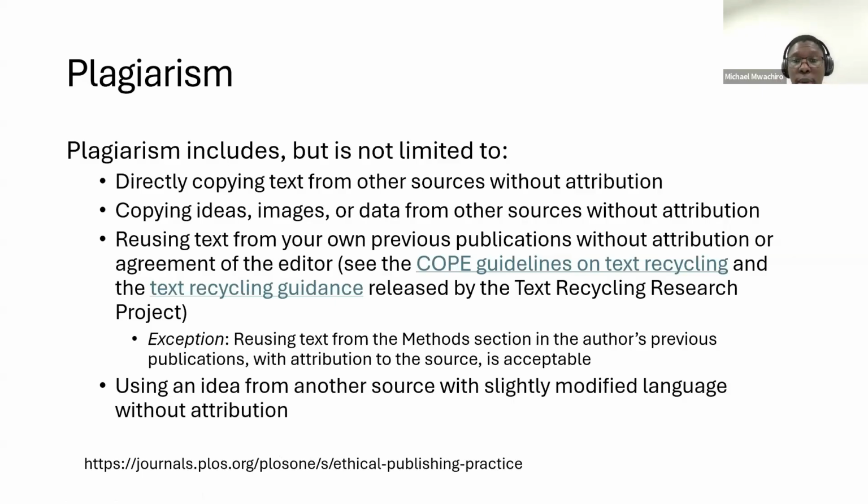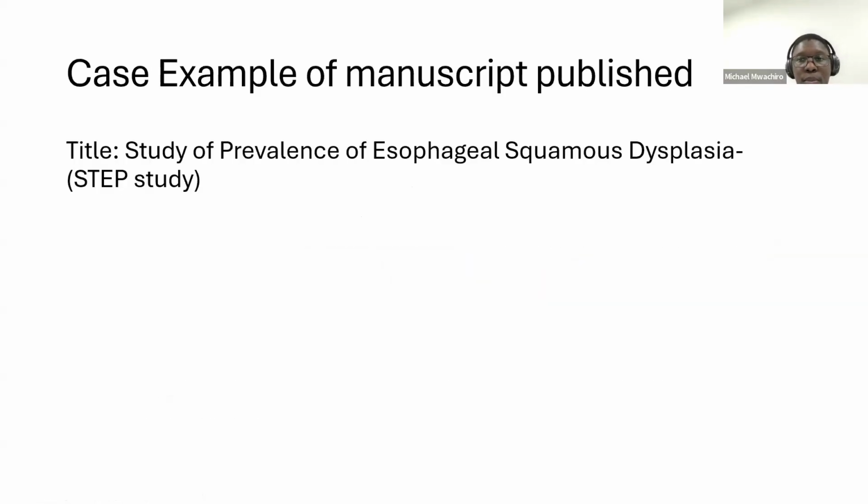Using text from your own previous publication: if you copy your own text and you don't reference it, it also counts as plagiarism. Exceptions: if you reuse text from the methods sections, because you are saying we are going to do it based on, and then you describe, because it's very hard to change a methodology bit. And then using an idea from another source with slightly modified language, but without attributing it to them.